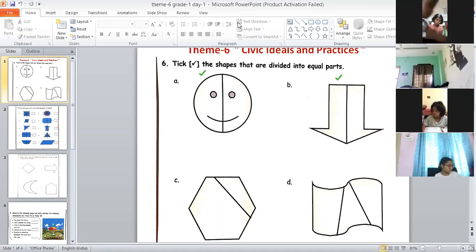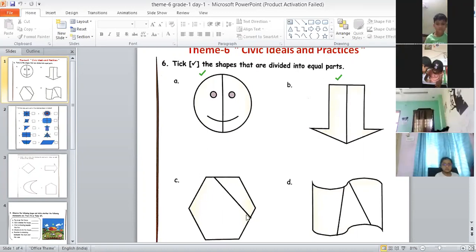Yes, Hanvit, now look at the third shape and tell me whether this line is dividing this shape into equal parts or not. Not. Yes, very good, Hanvit.